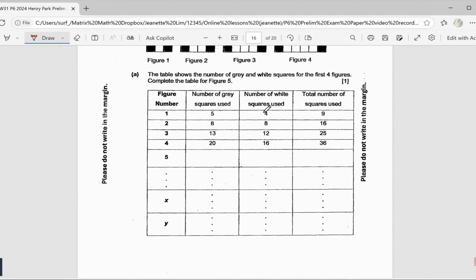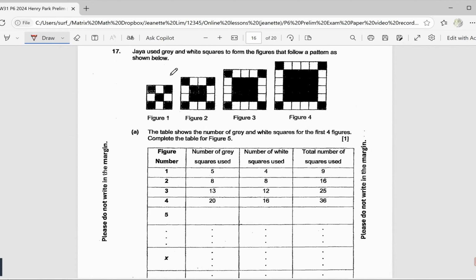Let's get a pattern. So for the number of white, it's 4, 8, 12, 16. These are actually multiples of 4. What about the total number of squares? Now, use the diagram to help you deduce this. If you look at the total number of squares in each diagram, they actually form a square.